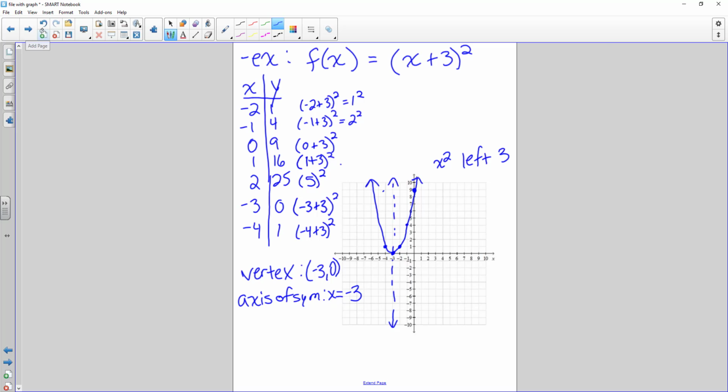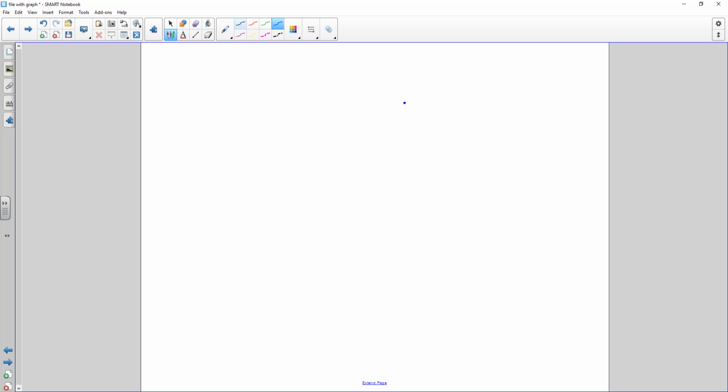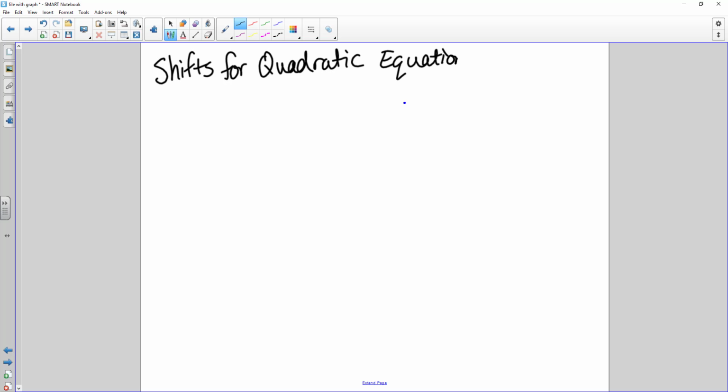So I'm going to give some definitions for these shifts that we just figured out by graphing. I'm going to put shifts for quadratic equations or functions. I'm going to use function notation here.